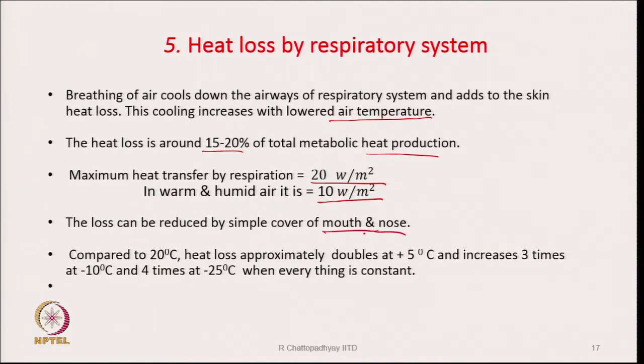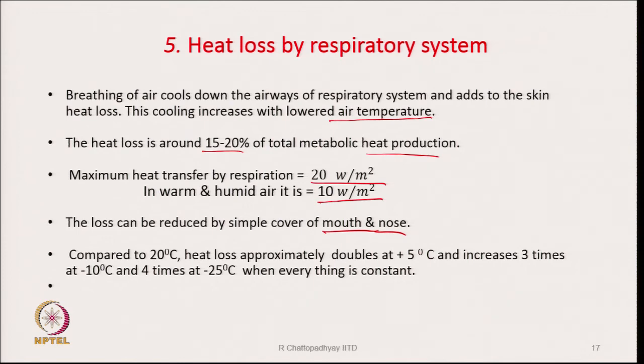So, this heat loss which is there, if we are in a cold climate and want to reduce it, we can cover our nose with a simple cloth and we will feel warm.